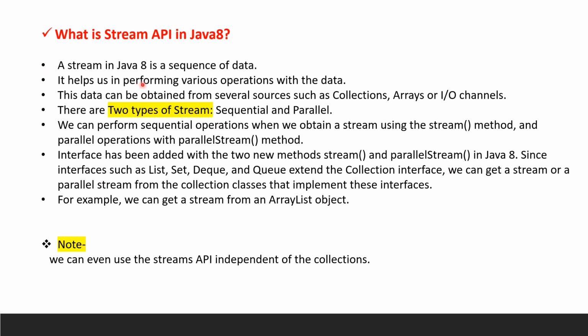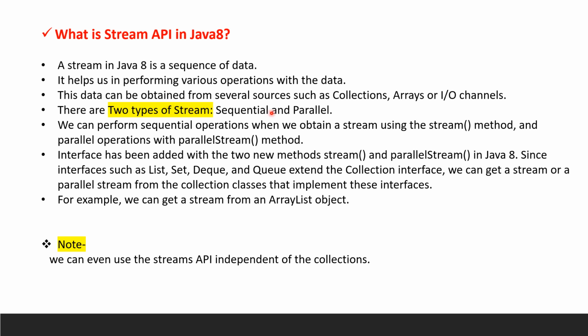What is Stream API in Java 8? A stream is nothing but a sequence of data. It helps us in performing various operations with the data. So we will be dealing with the data only in the implementation. To perform any operations on such data, we will be using the Stream API.